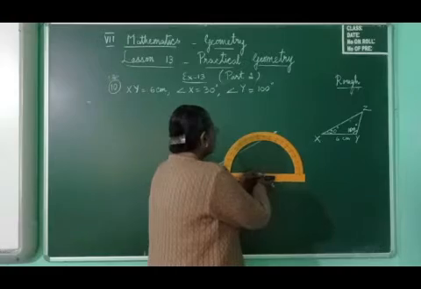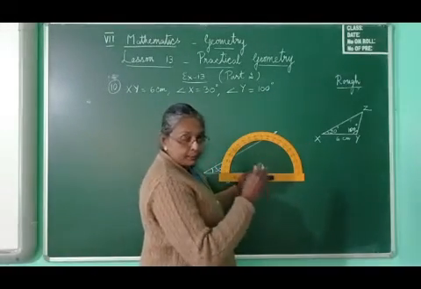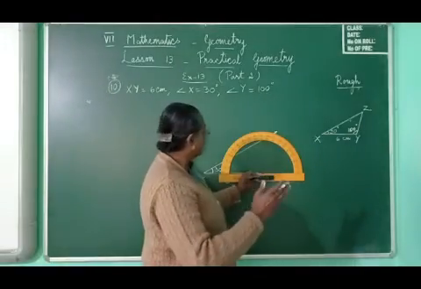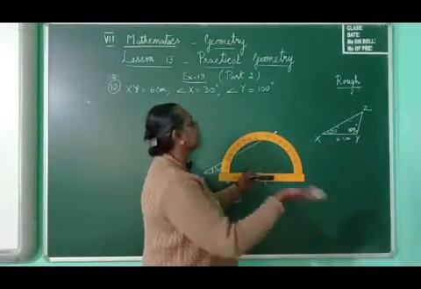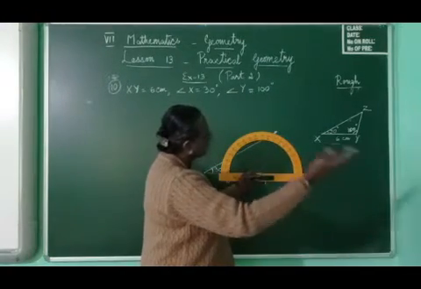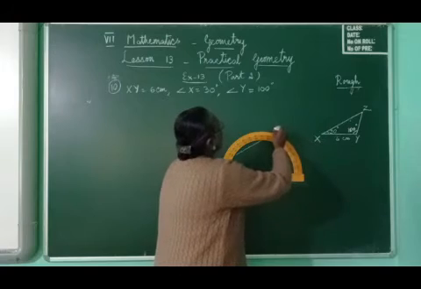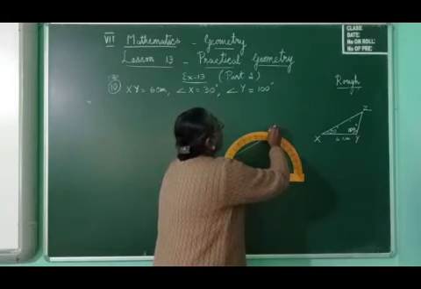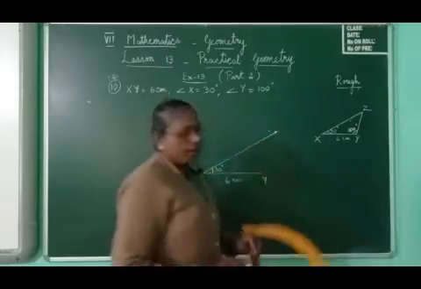So here at point Y, it will be 100 degrees means to the right side of 90 degrees. It is not acute, it is obtuse. So it will be greater than 90 degrees, so it will lie to the right side. So see where 100 degrees is coming and then mark a point.